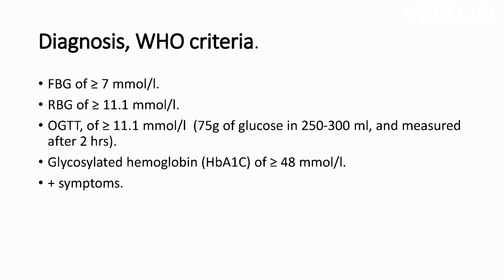In the oral glucose tolerance test, they give a person 75 grams of glucose in 250 or 300 milliliters, and it is measured after 2 hours. Also, there are other investigations such as glycosylated hemoglobin, which should be more than or equal to 48 millimole per mole, plus the symptoms.